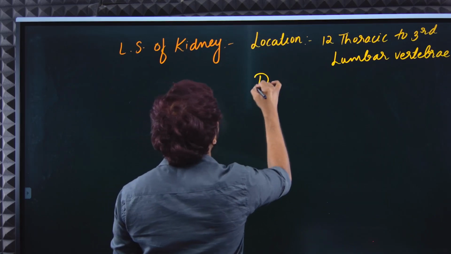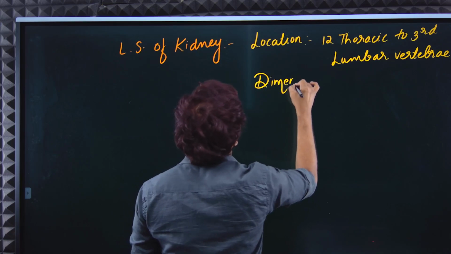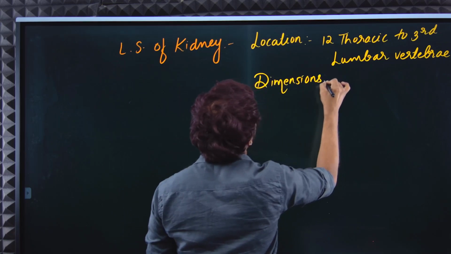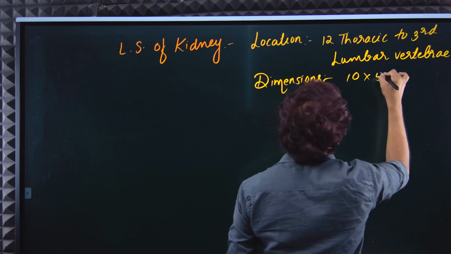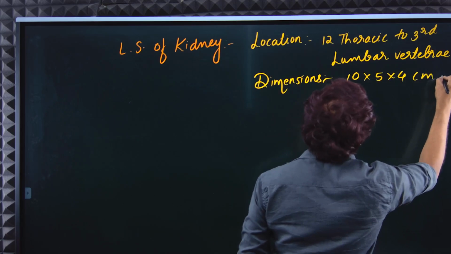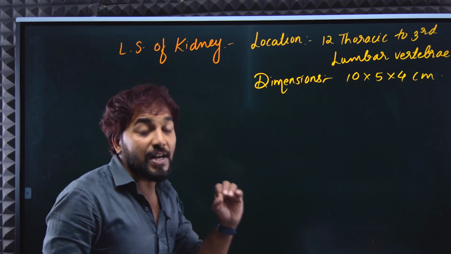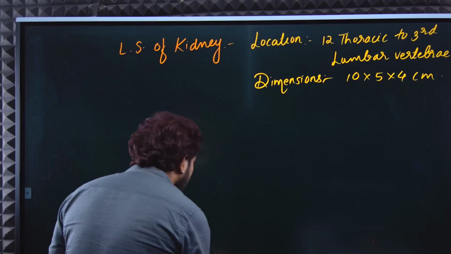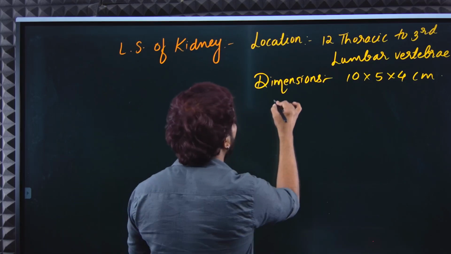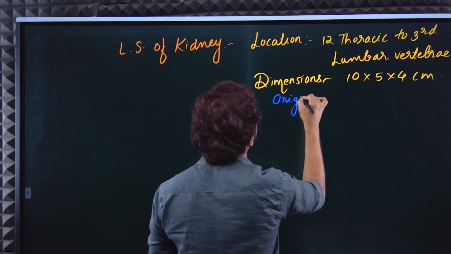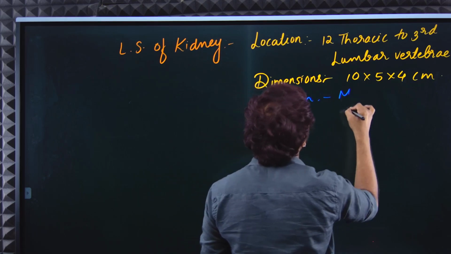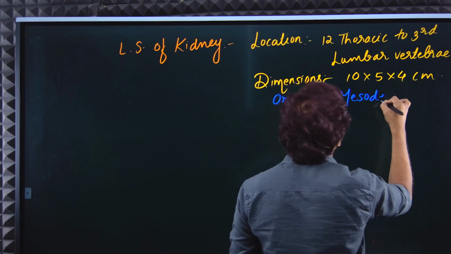When it comes to the dimensions of the kidneys, we can say that it is 10 by 5 by 4 centimeters. When it comes to the origin, kidneys are mesodermal in origin.